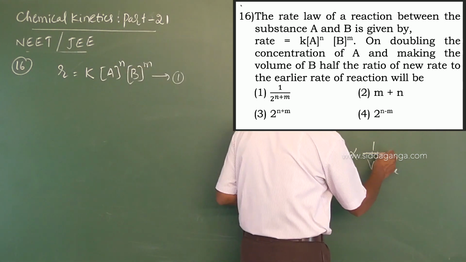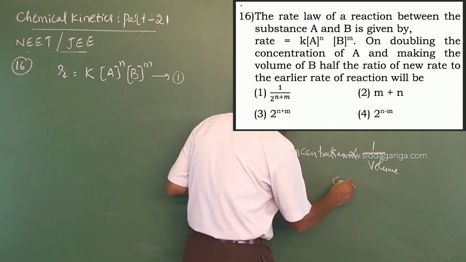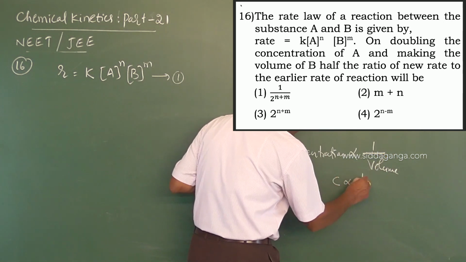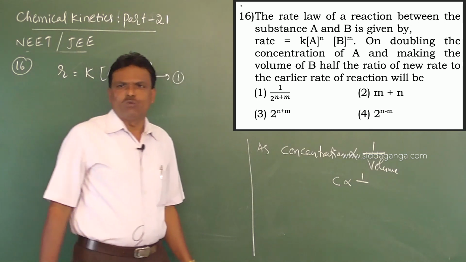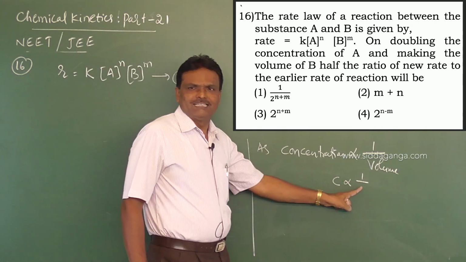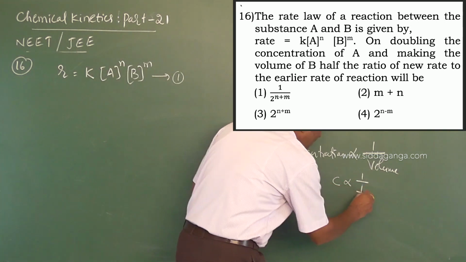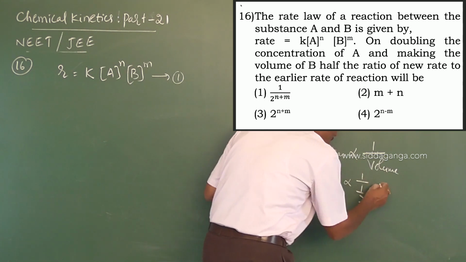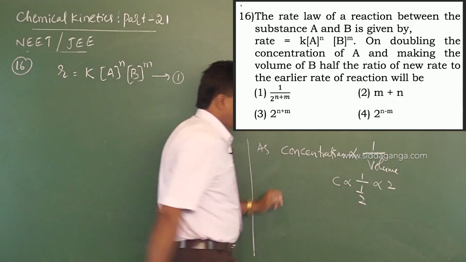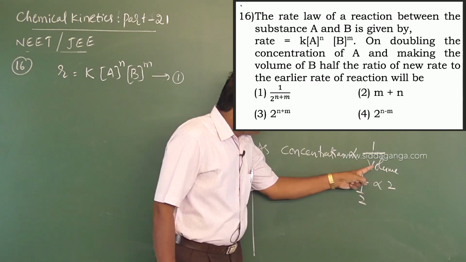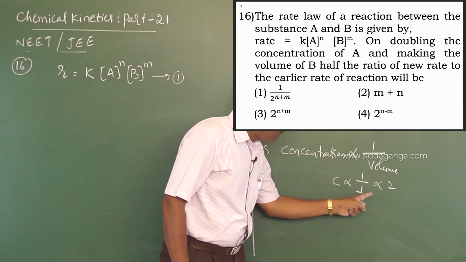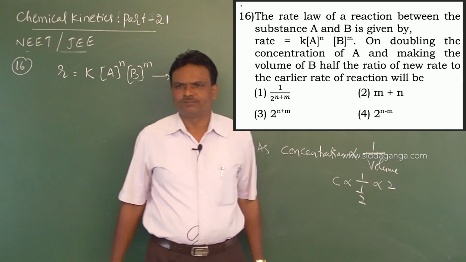So concentration is inversely proportional to 1 divided by volume. Volume of B is half, so 2 comes to the numerator, it is equal to 2. So if the volume of the container is reduced to half, concentration becomes doubled.